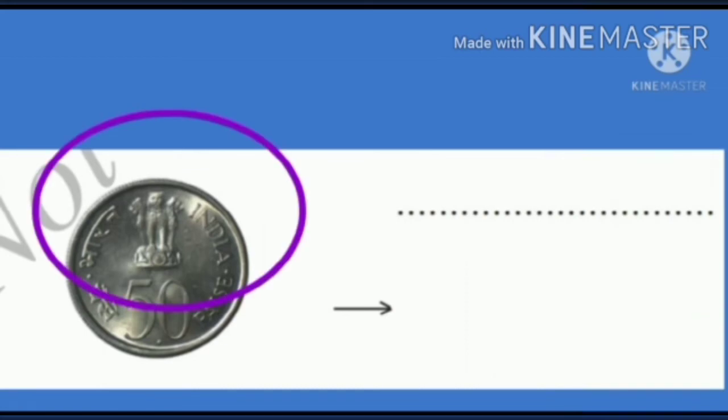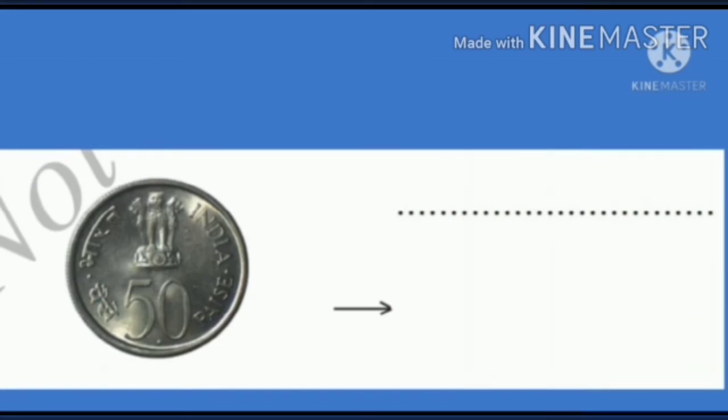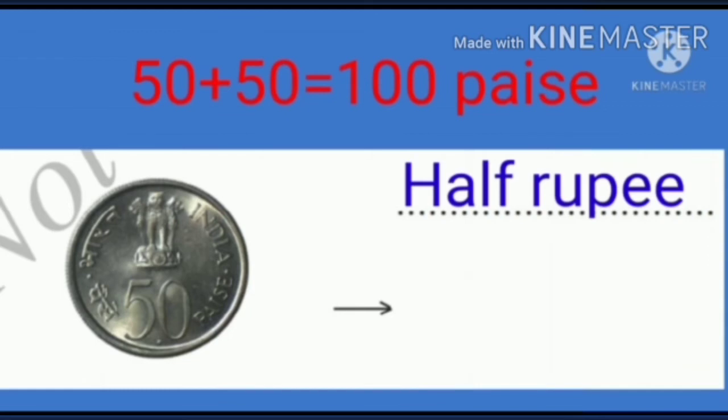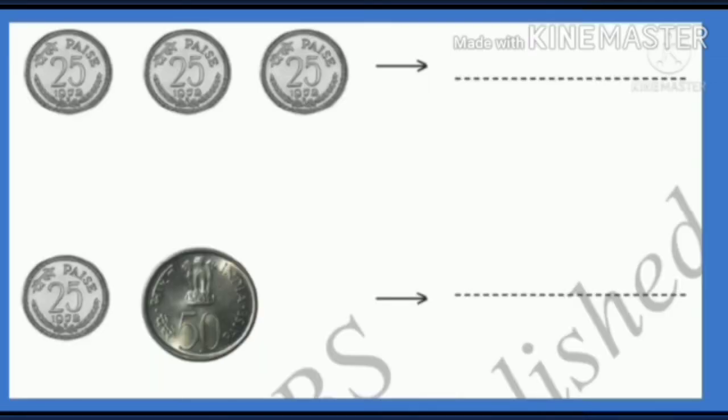Here 50 paise is there. So 1 rupee has 100 paise. 50 plus 50 is 100. So 50 paise means half. So write half rupee.